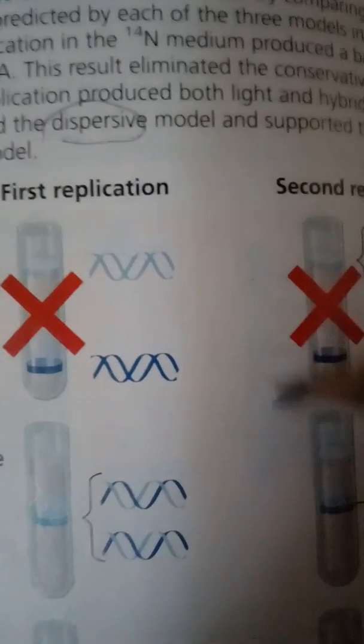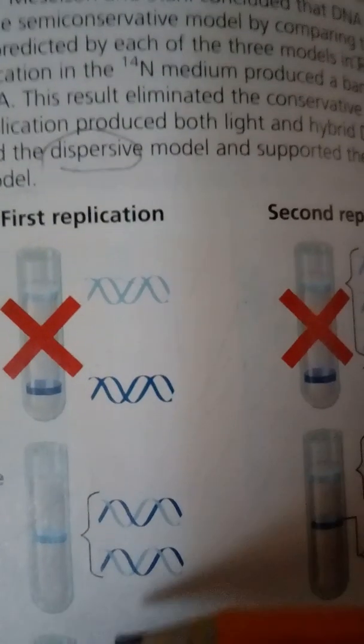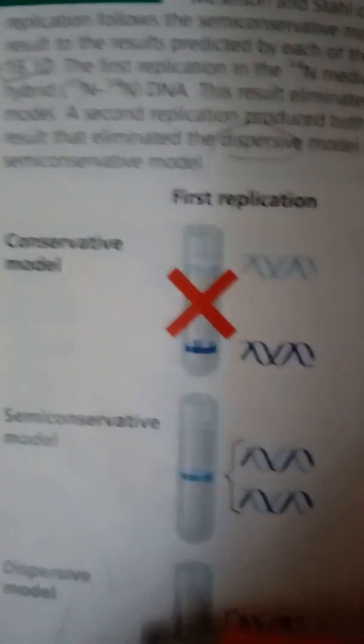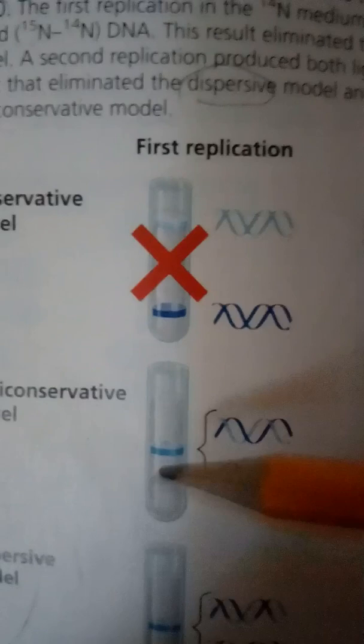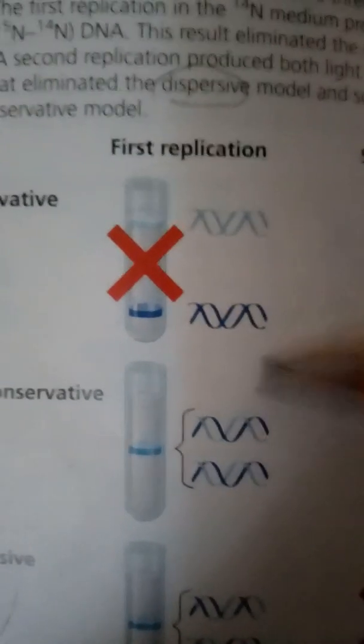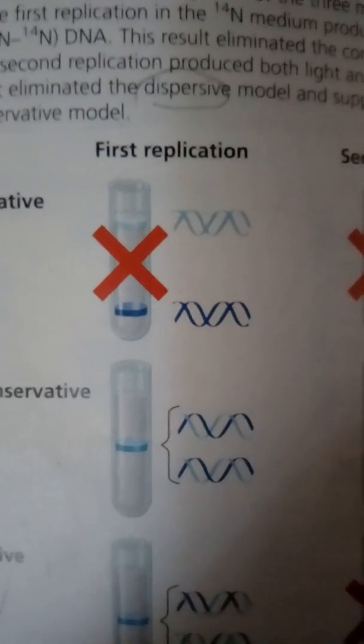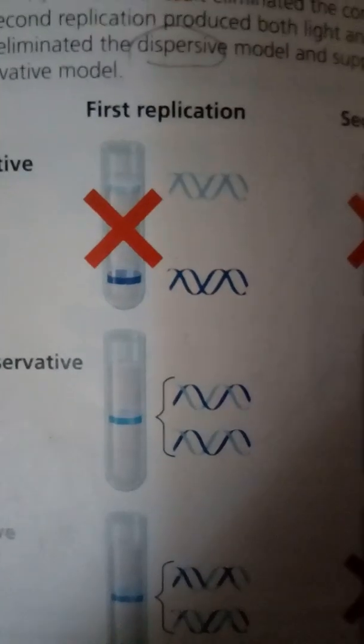Conclusion: Meselson and Stahl concluded that DNA replication follows the semi-conservative model by comparing their results to the results predicted by each of the three models, in this figure.